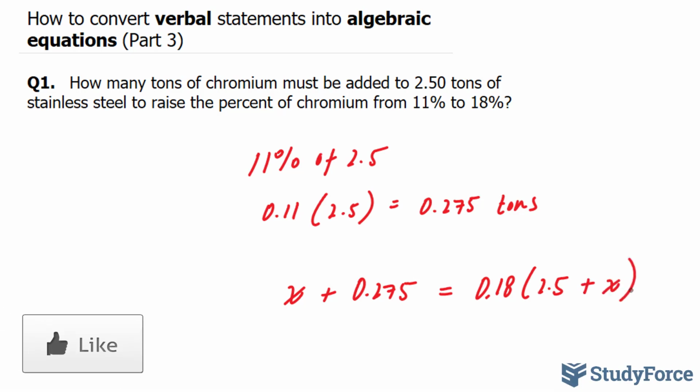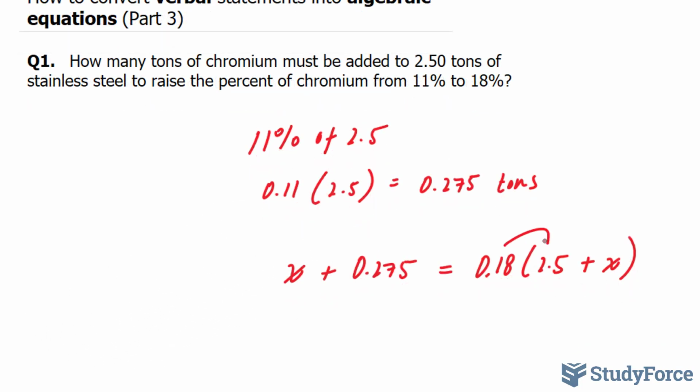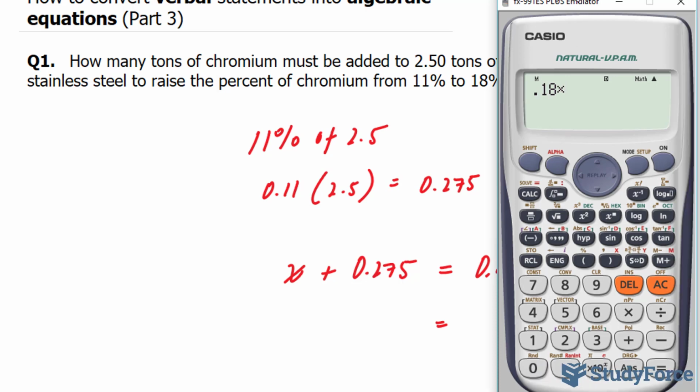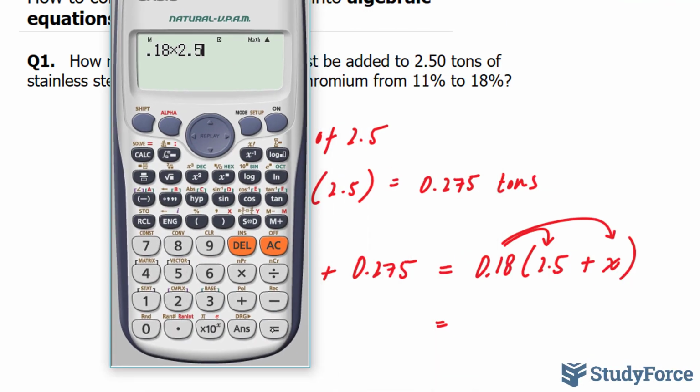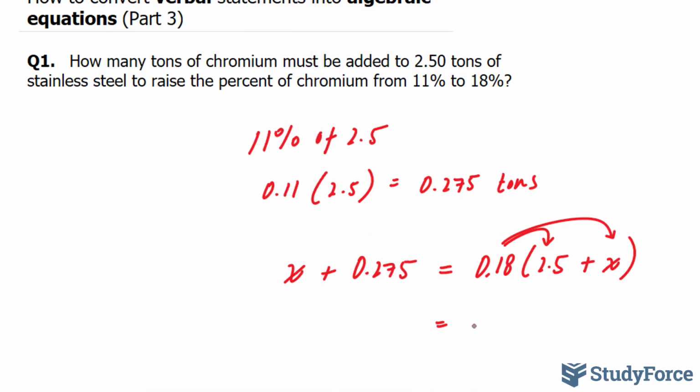Now all we have to do here is solve for x. We use the distributive law to multiply this, and we have 0.18 times 2.50, and that gives us 0.45 plus 0.18x. On the left side, this stays the way it is.